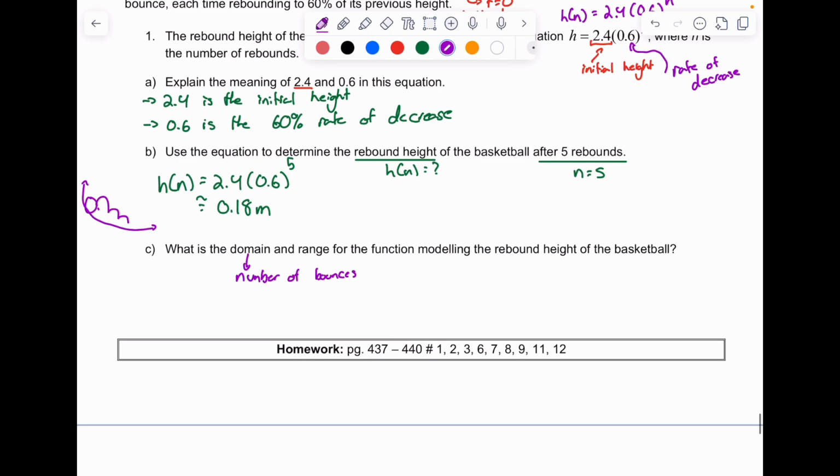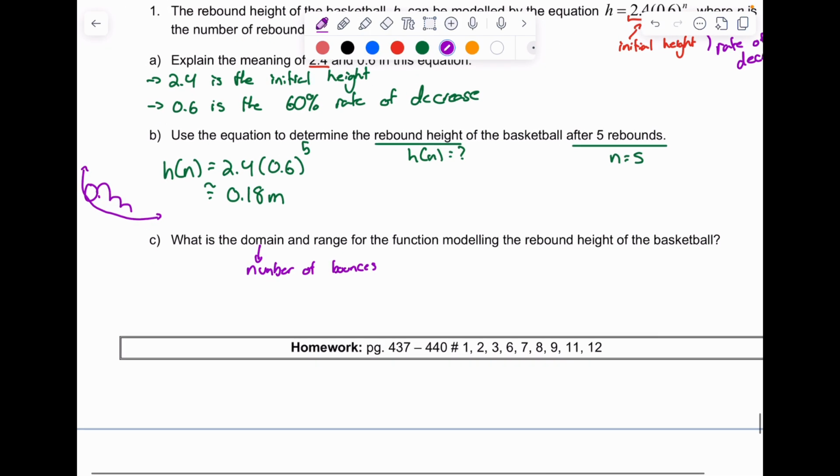Okay? So in this case, your domain is that n belongs to real numbers, but n has to be greater than or equal to 0. That's where your domain is, because you can have 0 bounces, and then however many the ball bounces for.